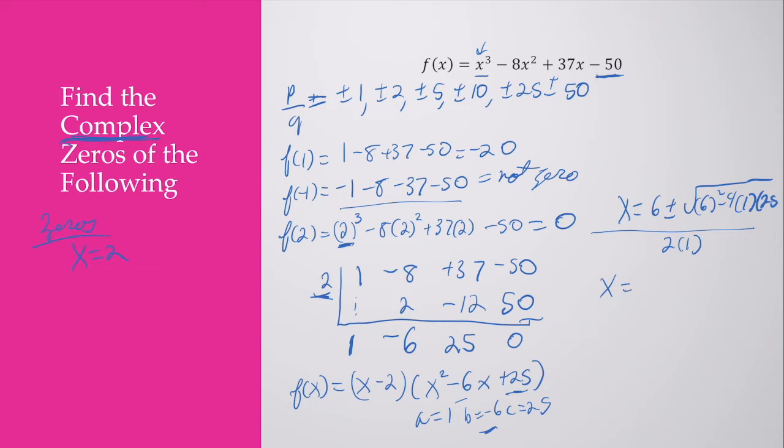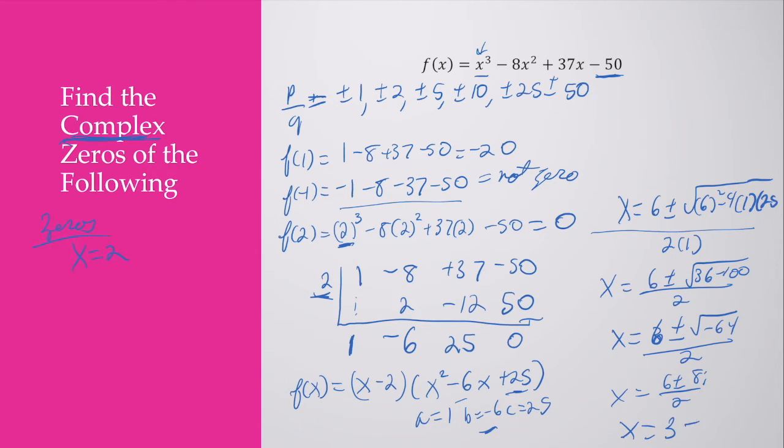So I have x equals 6 plus or minus the square root of 36 minus 100 over 2. Sorry, I skipped a step: 6 plus or minus the square root of negative 64 over 2. So I get x is 6 plus or minus 8i over 2, which simplifies to x is 3 plus or minus 4i.